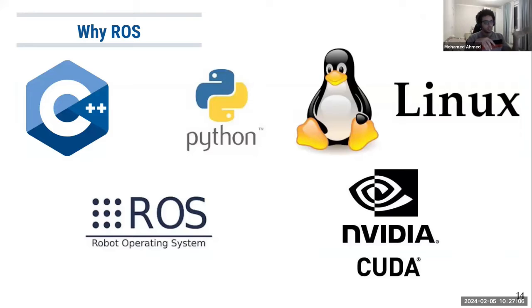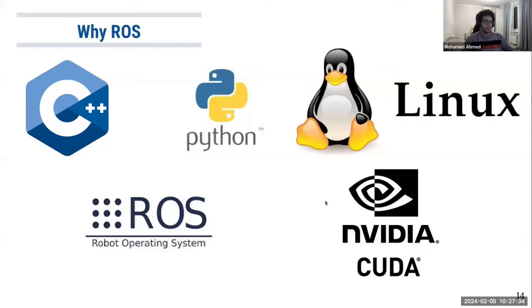So here is a quick overview. ROS can be used with C++ and Python, over Linux or over Windows. Usually most people that use ROS are using Linux. However, ROS has been developed in recent years, and now it works well on Windows, so some people can use it with Windows.